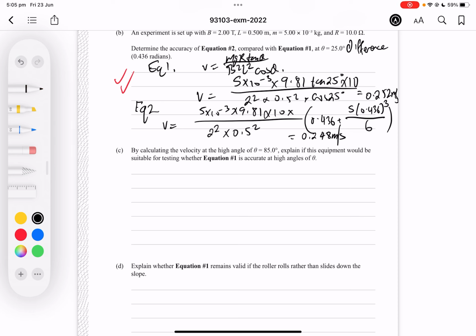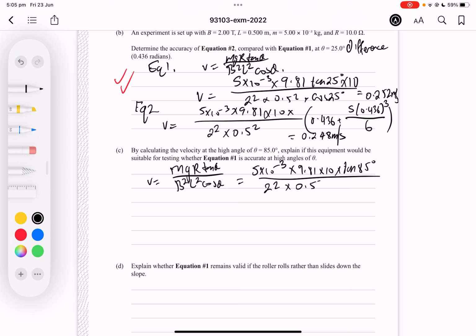So we say v equals mgR tan theta over B squared L squared cos theta, which equals 5 times 10 to the negative 3 times 9.81 times 10 times tangent of 85 degrees over 2 squared times 0.5 squared times cosine of 85 degrees. And this is equal to 64.3 meters per second.